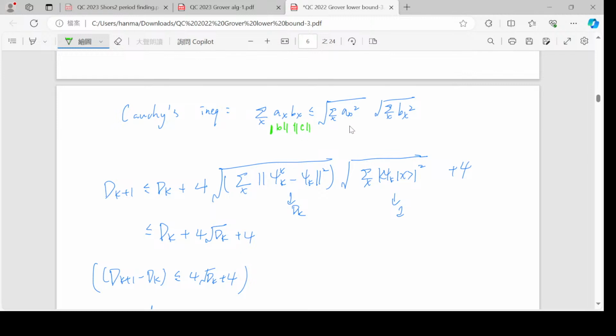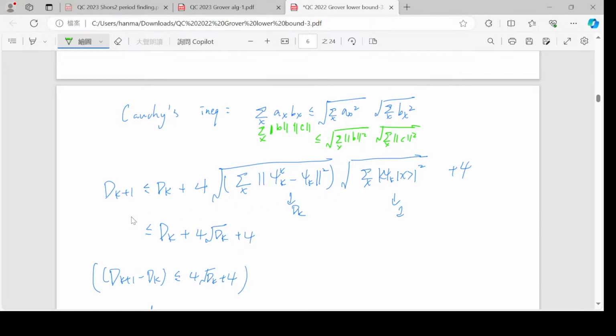So the sum over x of norm b times norm c is at most the square root of sum x norm b squared times the square root of sum x norm c squared. We already know these two things: this one is dk, and this one is 1.